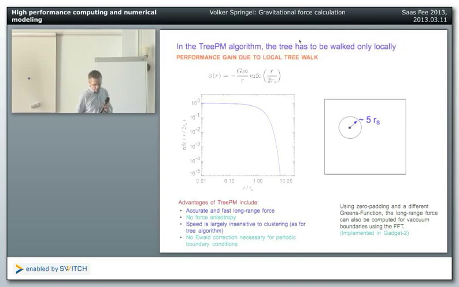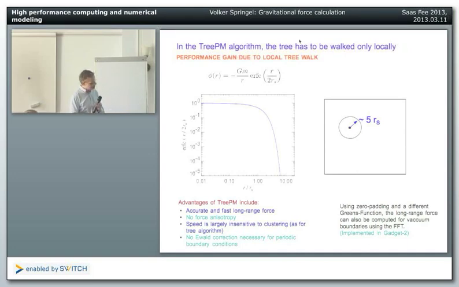So the advantages of such a combined scheme is that you inherit now from the particle mesh scheme the very simple long-range force calculation that is perfectly accurate also for the large scales. And due to the force shaping, there's no force anisotropy left at the scale of the mesh cells.